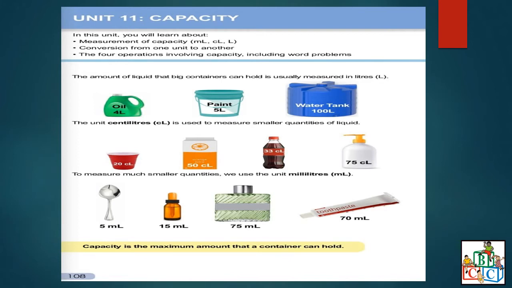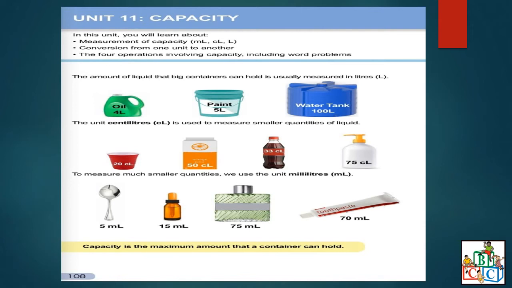Now about centiliters, it is used to measure smaller quantities of liquid, such as the small cup, the juice bottle. So for example, you have 20 centiliters, 50 centiliters, 33 centiliters, and 75 centiliters.